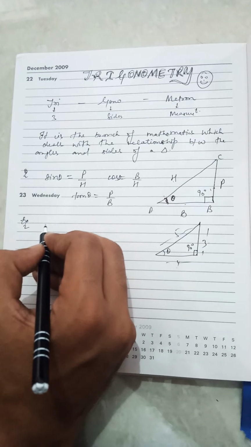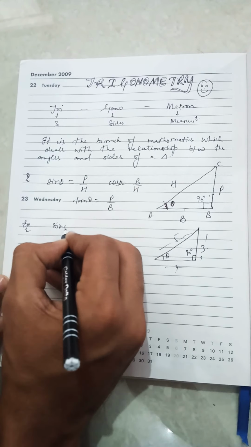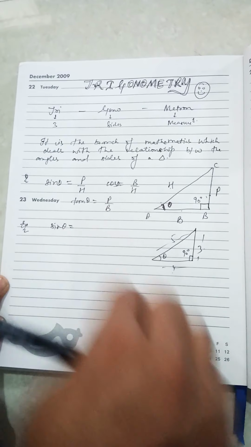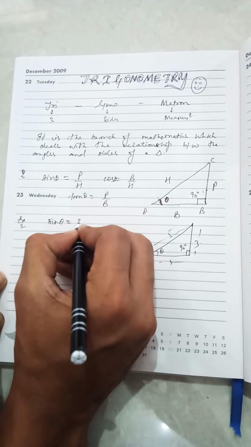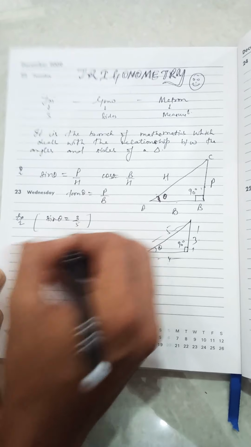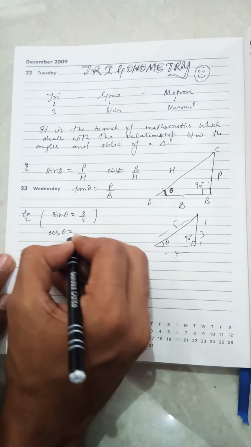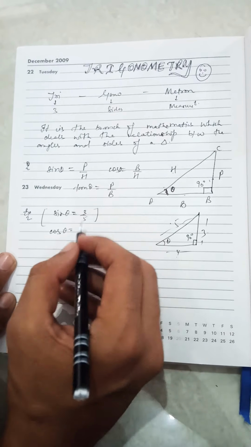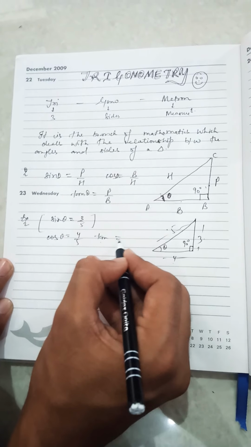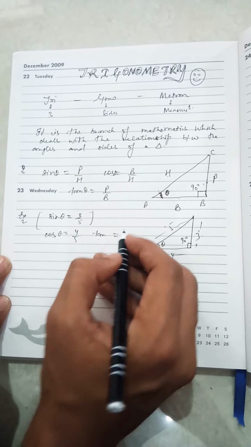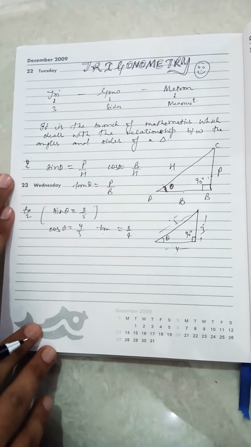If the question is to find sin theta, sin theta is perpendicular upon hypotenuse, that is 3 by 5. Your answer will be 3 by 5. If you are asked about cos theta, it is base upon hypotenuse, so the answer is 4 by 5. If you are asked about tan theta, it is perpendicular upon base, that is 3 by 4. I think you all are getting my point.